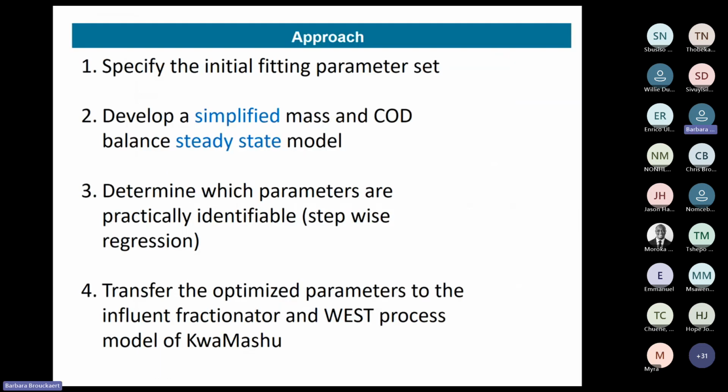Our approach was, first of all, to specify an initial set of fitting parameters which reflected the data that we needed to estimate, to develop a simplified mass and COD balanced steady state model of Kwamashu, and then determine which parameters were practically identifiable through a stepwise regression process, and finally transfer the optimized parameters to the influent fractionator and WEST process model of Kwamashu.